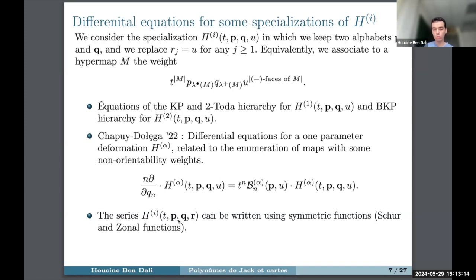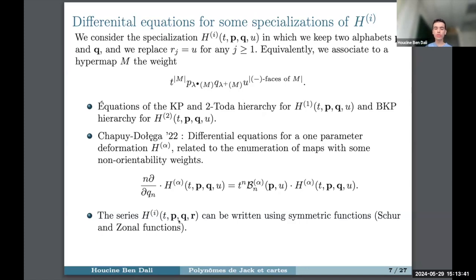In the orientable case, the generating series can be written using Schur symmetric functions, and this is related to the representation theory of the symmetric group. And in the non-orientable case, the generating series can be written using zonal polynomials, and is related to the representation theory of a Gelfand pair of the symmetric group and the hyperoctahedral group.